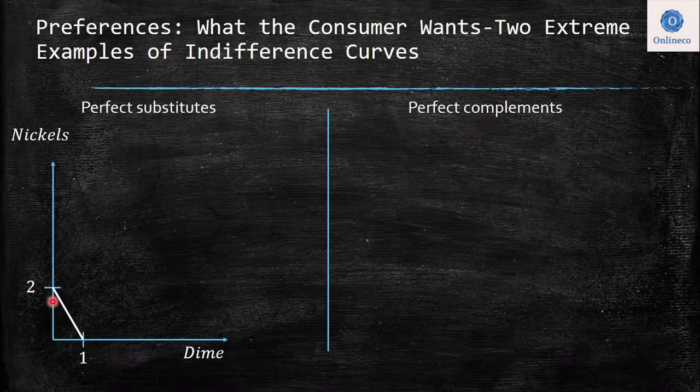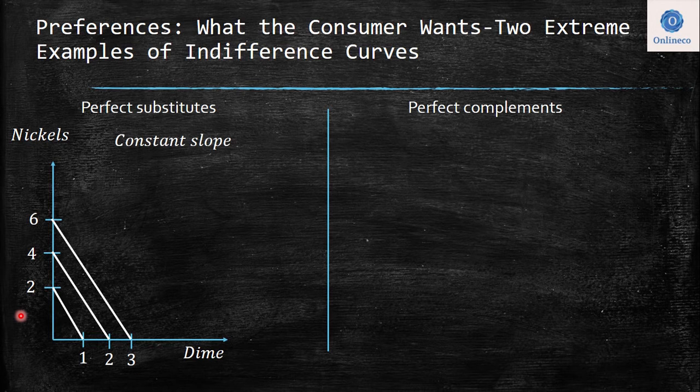Okay, so this is the indifference curve. Here, imagine that we have 2. What is the indifference of having 2? Naturally, 2 times 2 should be 4. So this is another representation of the indifference curve. The other one should be 6, 3, and this is the other one. So this is a constant slope, as you noticed.